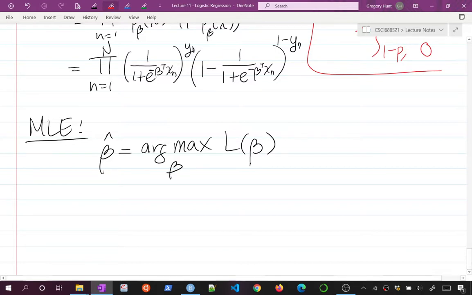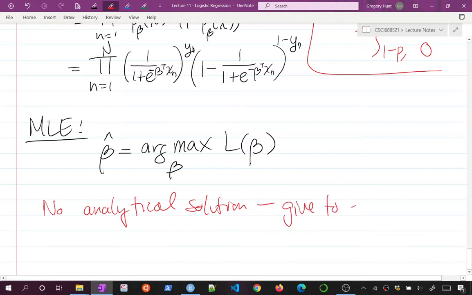So let's say not intractable, but no analytical solution. Give it to friends in OR, which I guess is many of you. You give it to an OR person who knows how to optimize something, or you plug it into an optimizer.